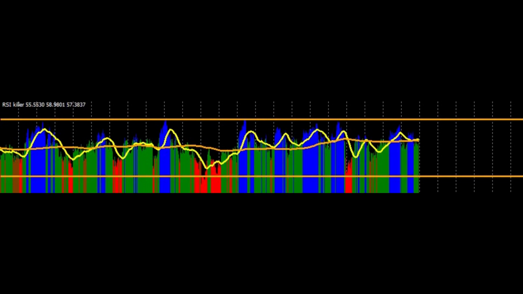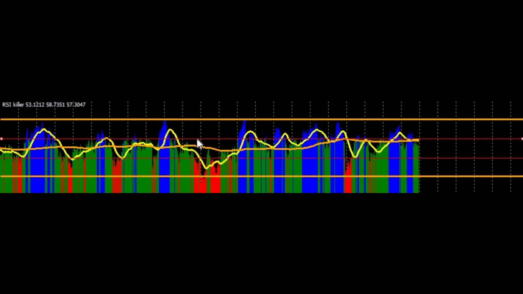So obviously, when the RSI is below a certain value, in that case 40, the color of the histogram is red. When it is above a certain value, in that case 60, it is blue, and in the other cases it is neutral.